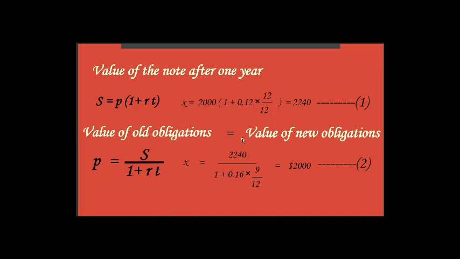Value of all the debts equals value of new debts. So X equals 2,240 over 1 plus 16% times 9 over 12, which is equal to $2,000.